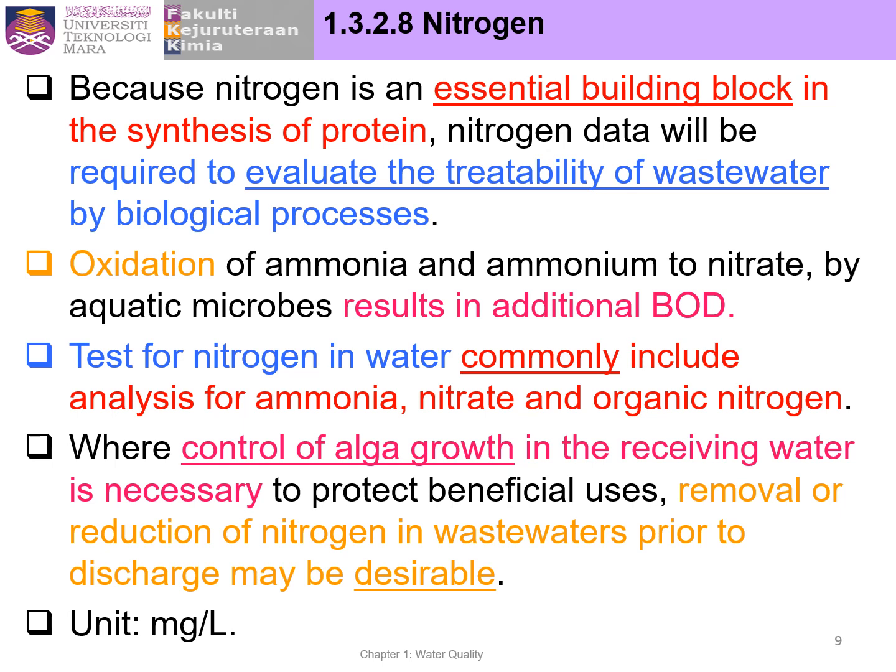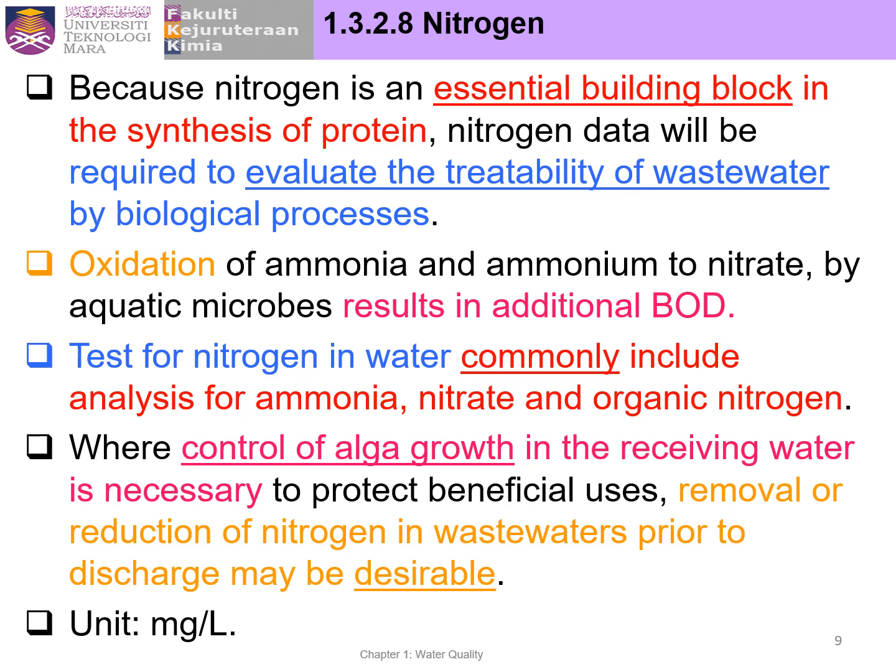So that is the use of nitrogen data in wastewater. The next one: oxidation of ammonia and ammonium to nitrate by aquatic microbes will result in an additional BOD volume.